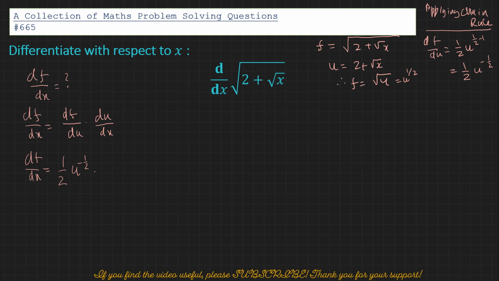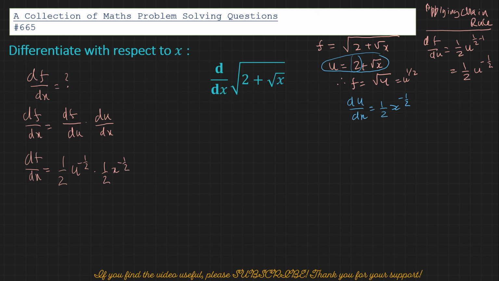Here u is 2 plus root x, so du out of dx is the differentiation of 2, a constant, so 0, plus x to the power half, which gives half x to the power minus half.